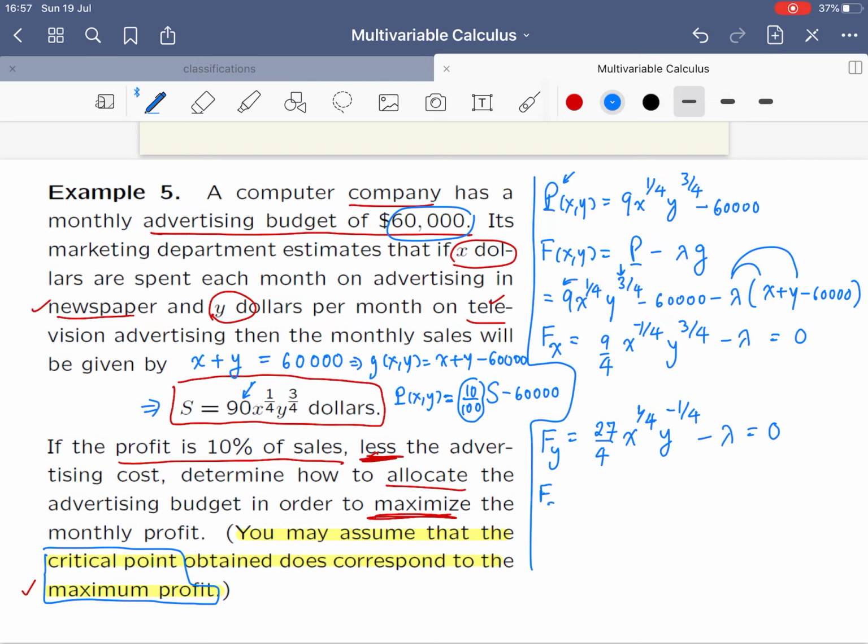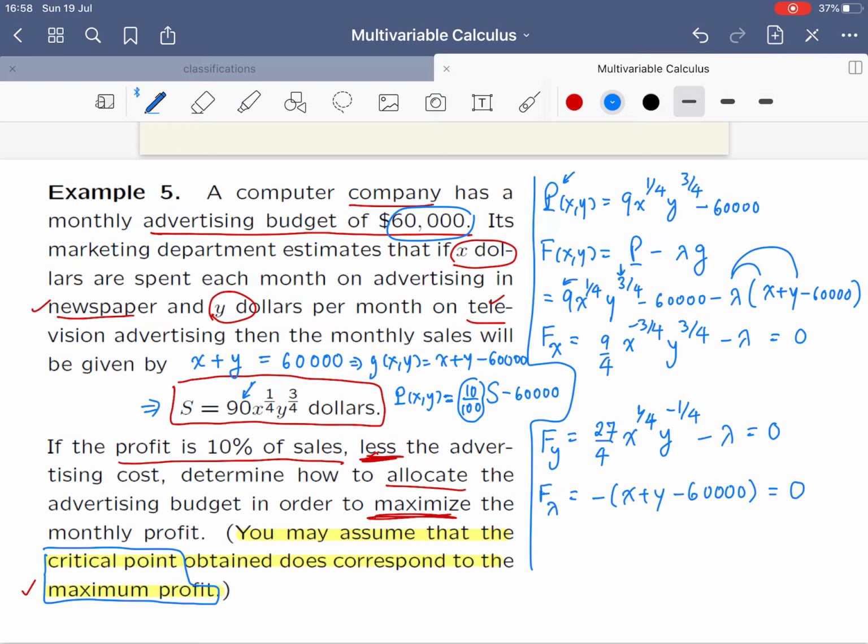And f sub lambda is simply your constraint, with a negative sign, and you make it equal to 0. I made a mistake here. This is negative 3 over 4.